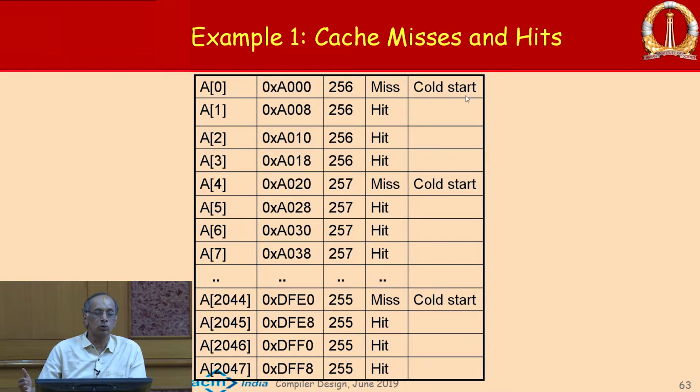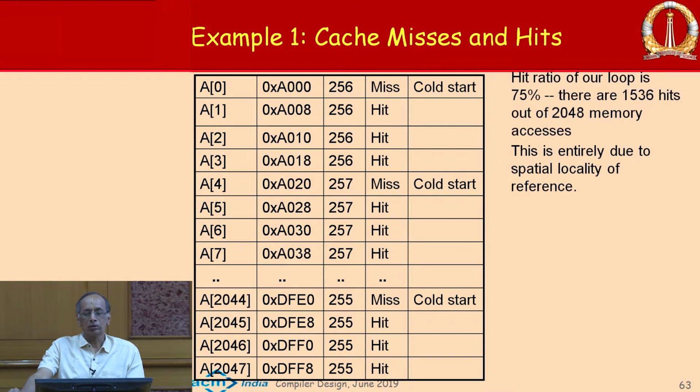So if you do this access 10 times, then you have exactly 2048 divided by 4, which is 512 misses, and 2048 multiplied by 10 accesses. So 512 divided by 20,480 is your miss ratio.